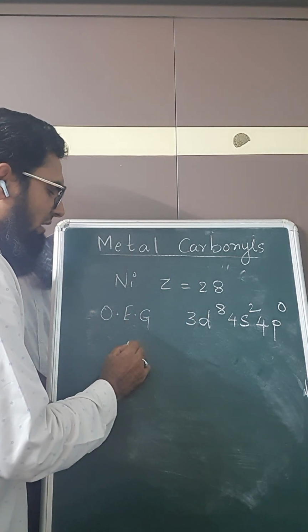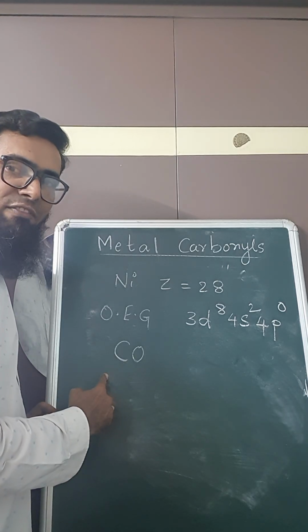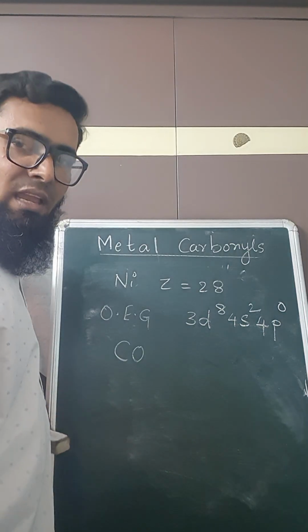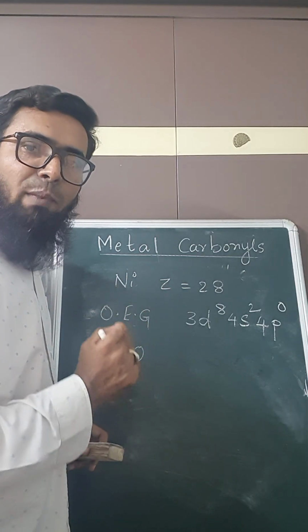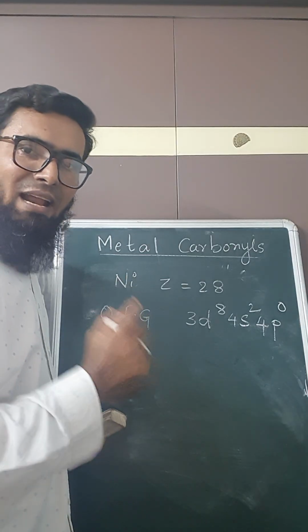Now, if you take CO, as I said earlier, CO is a strong field ligand. According to valence bond theory, a strong field ligand can cause forced pairing of electrons in the central metal atom.